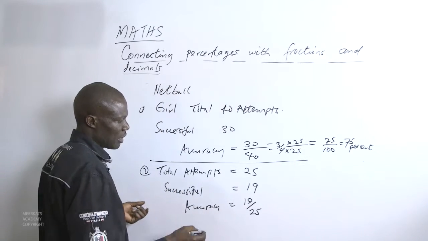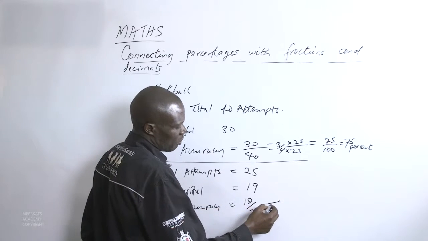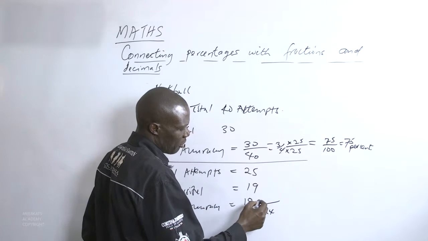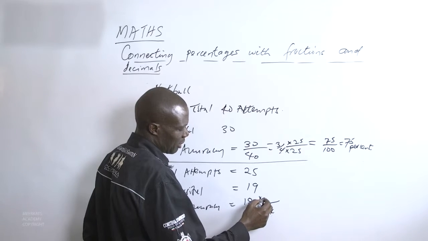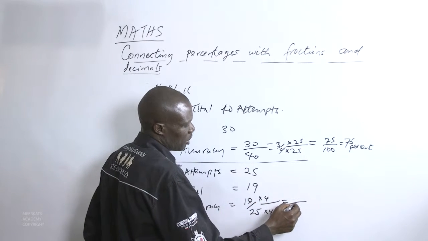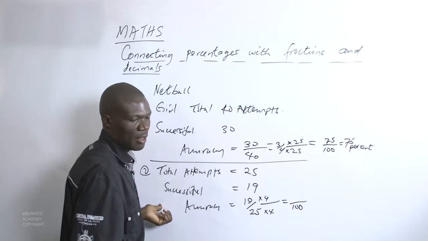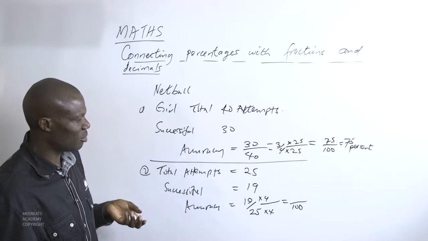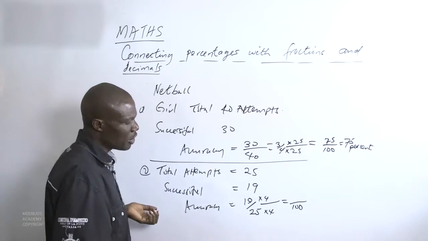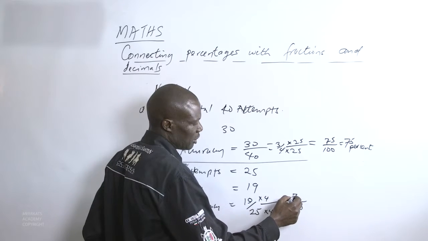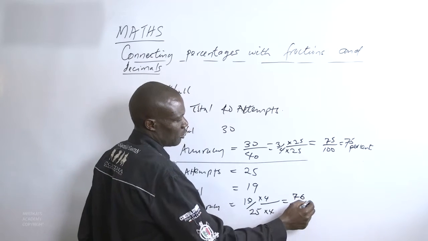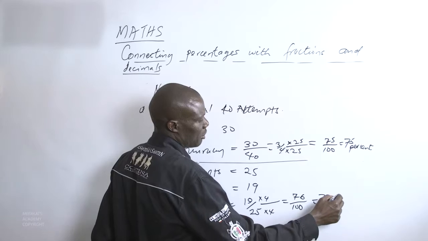For the other girl, multiply the denominator by 4 and the numerator also by 4, so that the denominator is 100 and the numerator is 76, which is simply 76%.